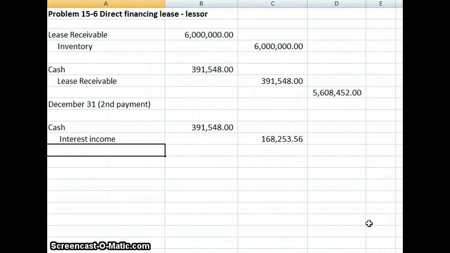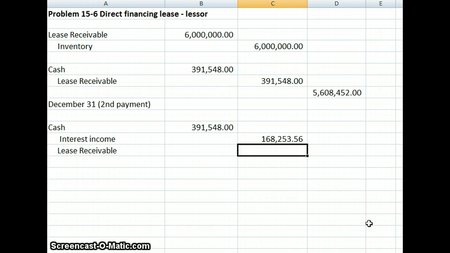And then finally, the difference is going to reduce our lease receivable balance, or the principal balance that we have out there, which is going to be the difference between our interest income that we recognize and the lease payment. So on our income statement, we're going to show interest income of $168,254.